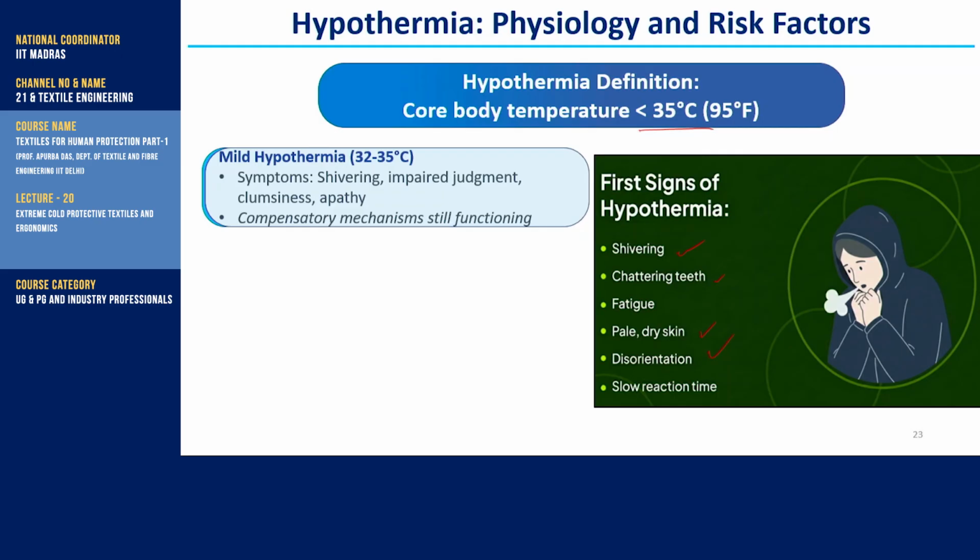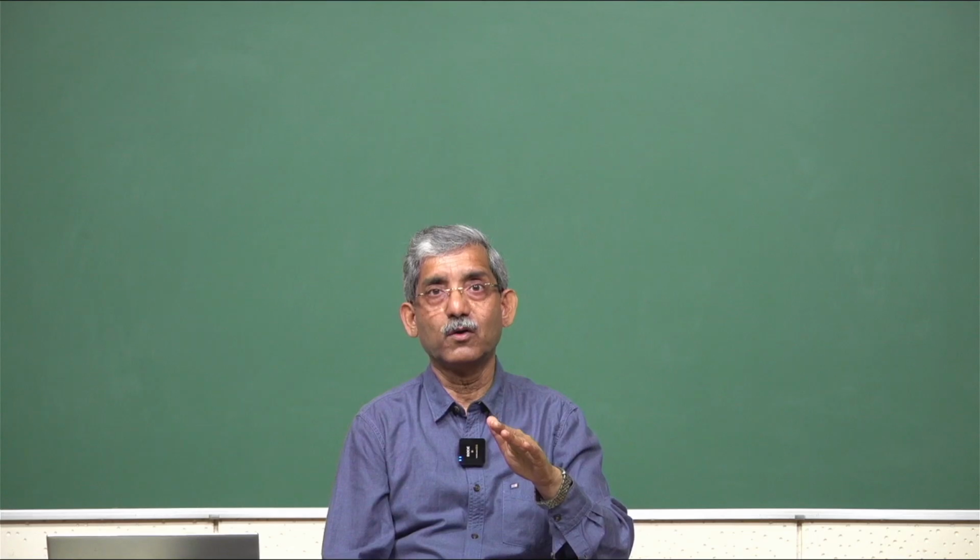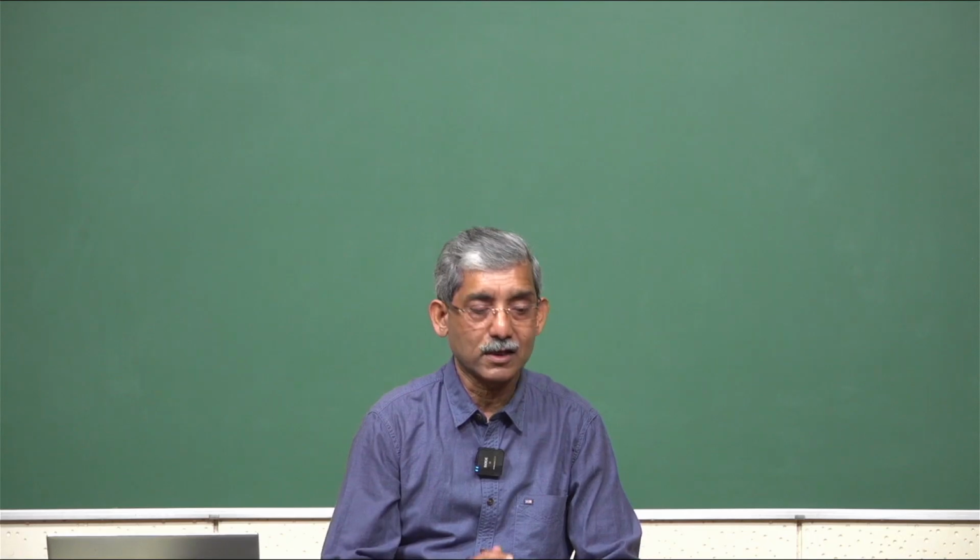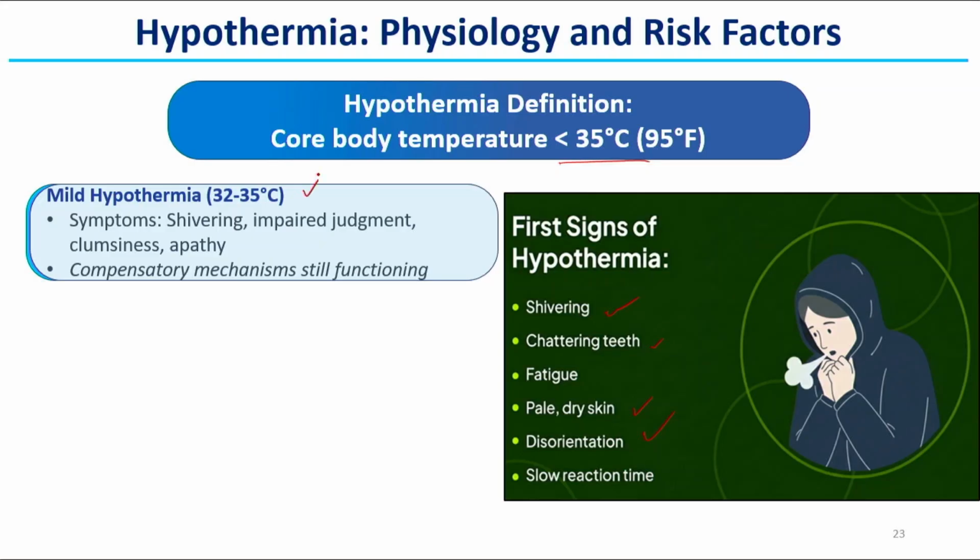In case of mild hypothermia, the first stage, the body core temperature drops below 35 degrees Celsius, that is 32 to 35 degrees Celsius. The symptoms are shivering, impaired judgment, clamminess and apathy, and the compensatory mechanisms are still functioning.